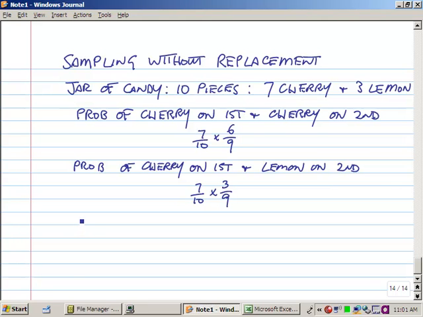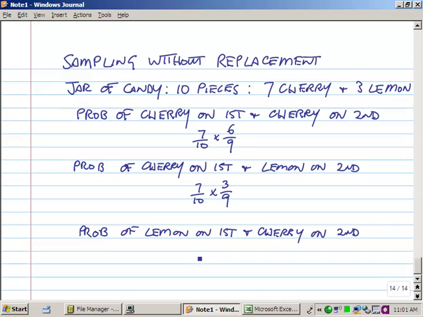What about the probability of lemon on the first and cherry on the second? Of course, if you want to try it for yourself, you can pause the video, write it down, and restart the video to see the answer.